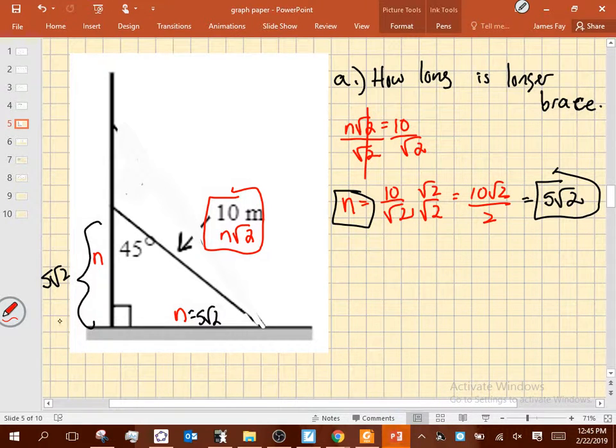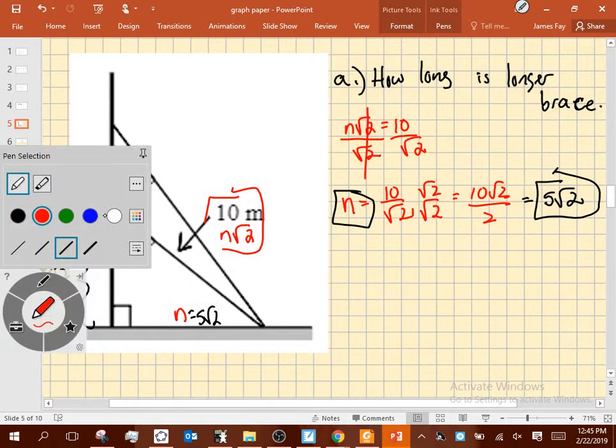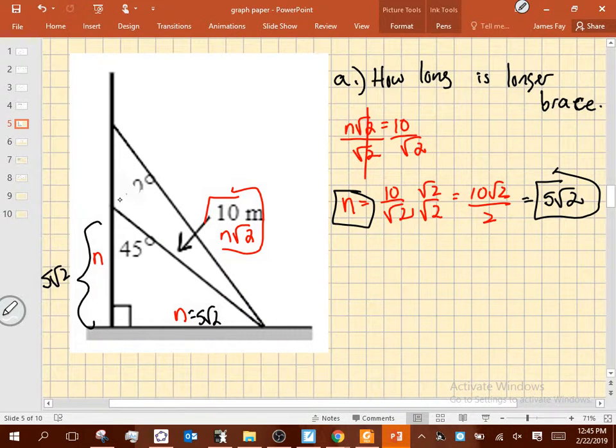Why is that useful? When I look back at that 30, 60, 90 triangle, do you now know a length of that 30, 60, 90 triangle?